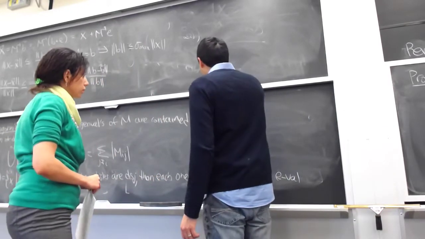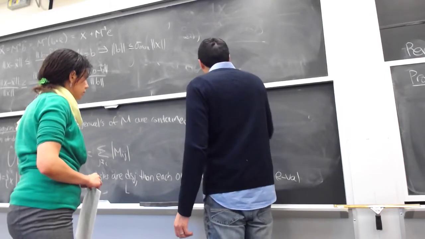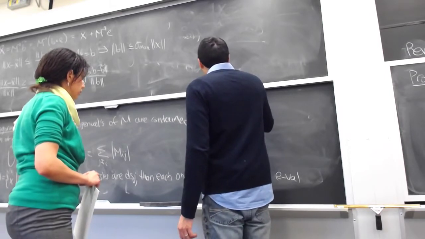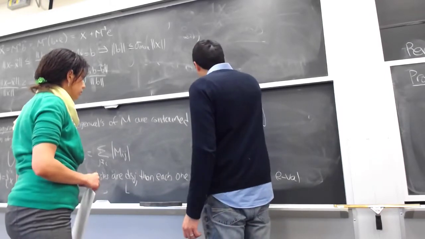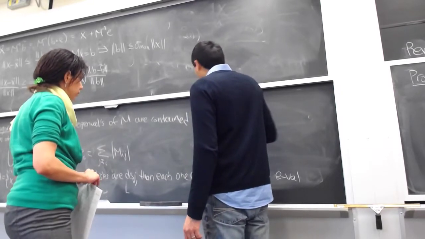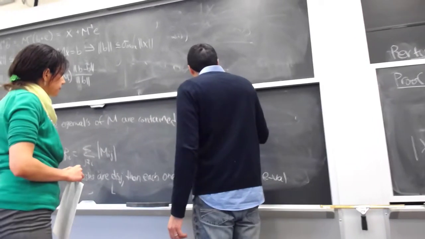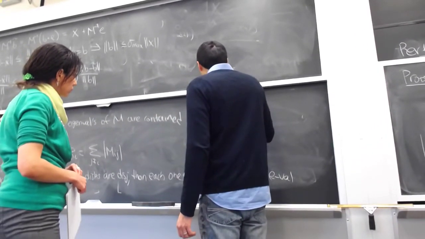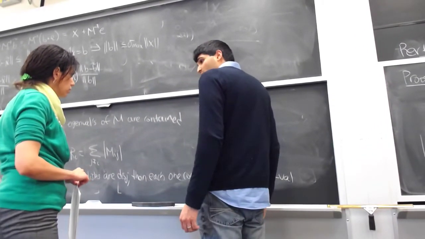So imagine I take a matrix which has two n columns and rows. I'm going to put the identity matrix here, and the Fourier transform matrix here, like the DFT matrix.